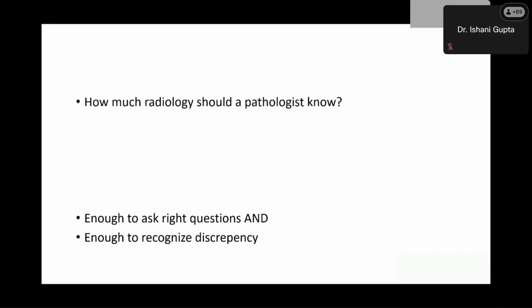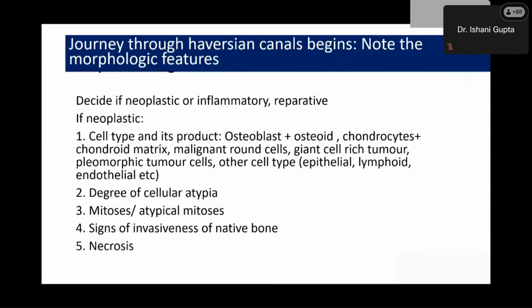Of course, you are not the master of it, but you should know enough to ask the right questions, and enough to recognize that there is a discrepancy between what you are seeing on the radiology images and what you are seeing under your microscope. That much radiology you must know, and you learn along the way when you work closely with orthopedic surgeons and the radiologist. Now for the pathologist, the journey through the Haversian canal begins.